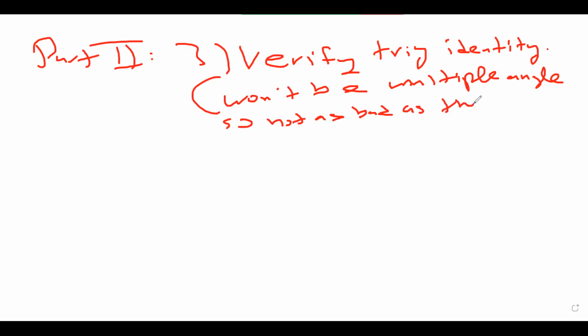So you might have an identity where sine 3 theta plus blah blah blah equals a bunch of junk, and then you have to change sine 3 theta. Let's actually pull it up right now.